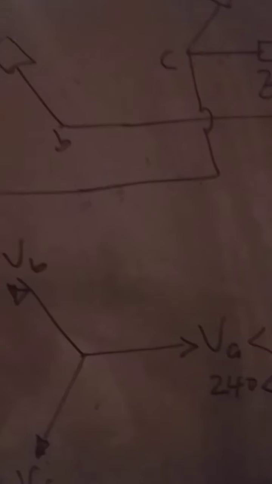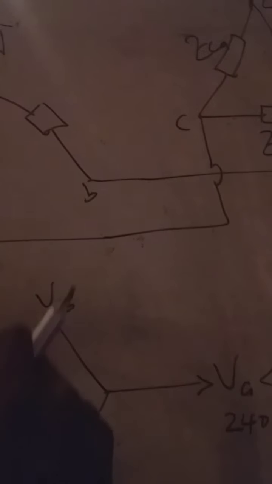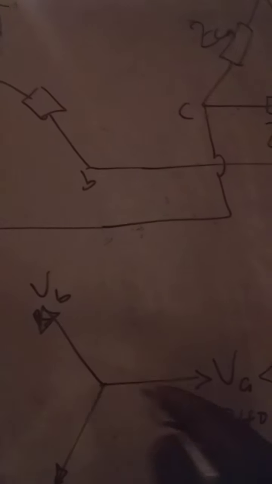But because it is negative phase sequence, it is going to be VA, VC, VB. You get it? Right.